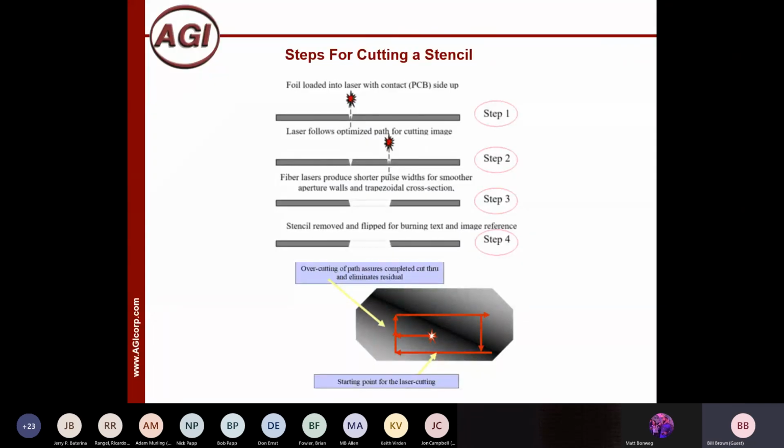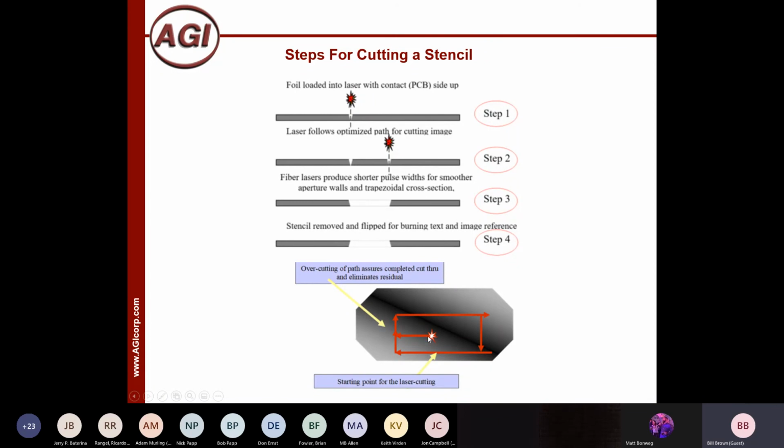When we cut a stencil, the program is loaded and the stencil is loaded into the laser foil side up. The laser follows an optimized path for cutting the image out. What I mean by optimized is that the laser doesn't start at one point of the aperture wall, cut all the way around, and stop before that point.